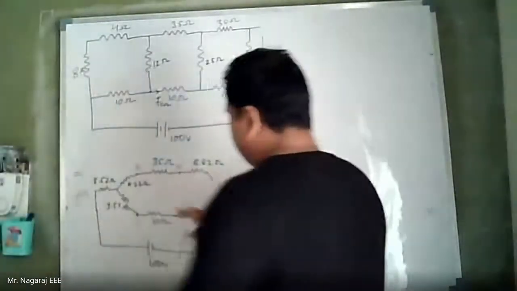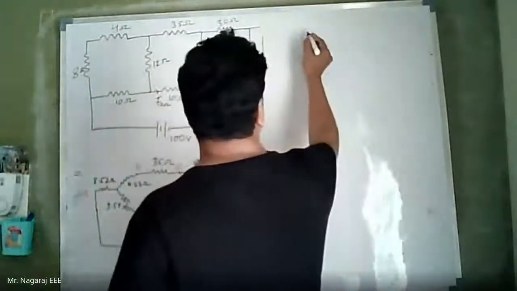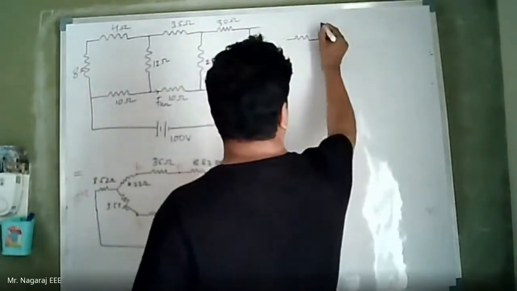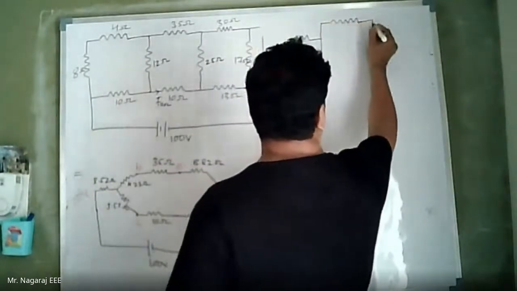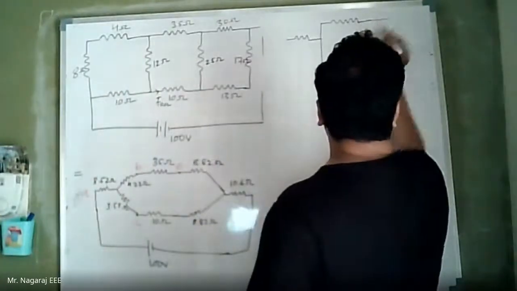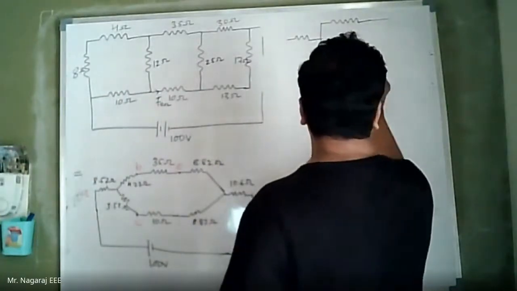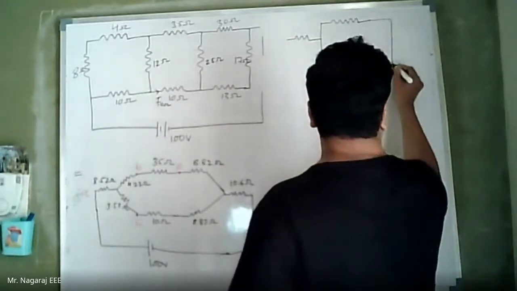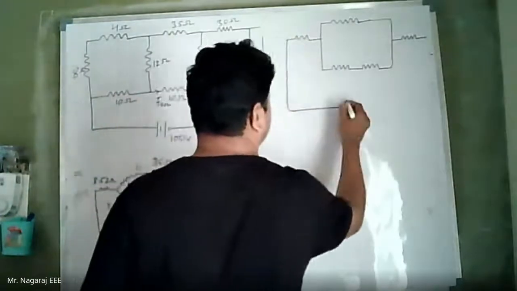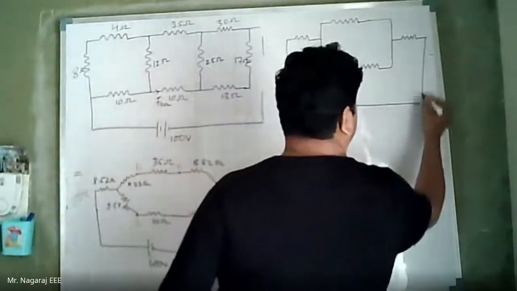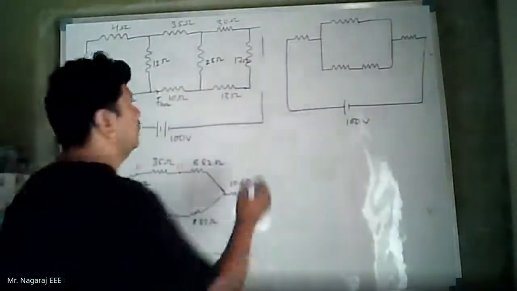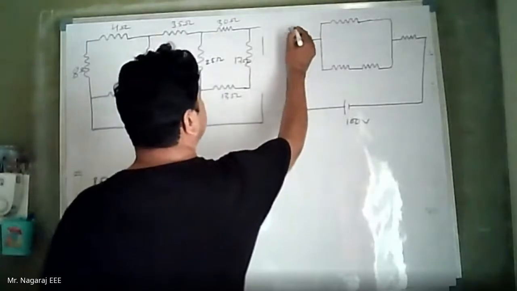So what I will do is, I will add these three series resistances. The circuit will be like this. 100 volts. This is 3.52 ohms.